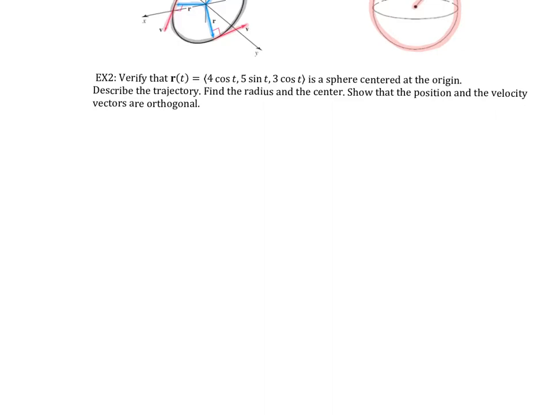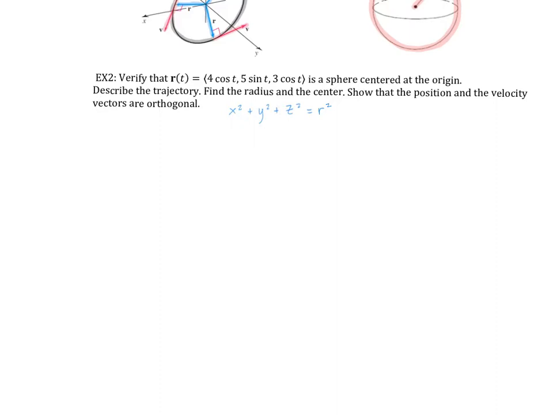To verify that it's a sphere with center at the origin, just remember that the equation of a sphere with center at origin is x squared plus y squared plus z squared equal to the radius squared. And here I'm going to use r not as the position function, but as the radius, which is why I don't have the vector arrow on top of it. So that's just the general equation of a sphere with the center at the origin.